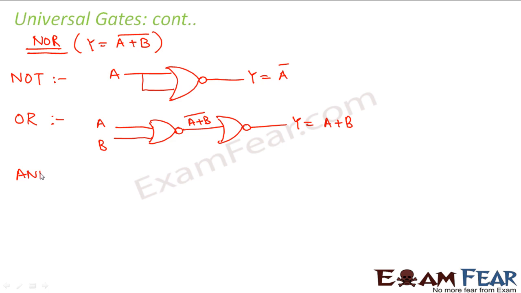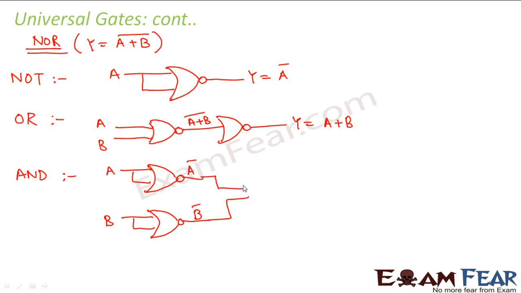And the last one, that is the AND gate. In this, you would need 3 NOR gates. So if this is A, this is B, you will get A bar here, you will get B bar here, and then you make both of these pass through another NOR gate. So what do you get?